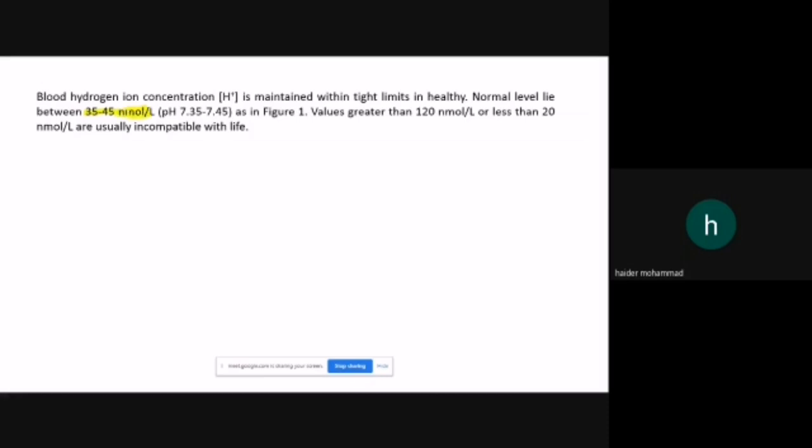The unit of hydrogen concentration is nanomole, so 35 to 45 nanomole per liter. We know there are 14 liters of blood, on average. The pH is 7.35 to 7.45, as in this figure.